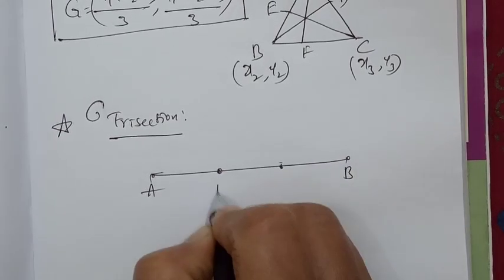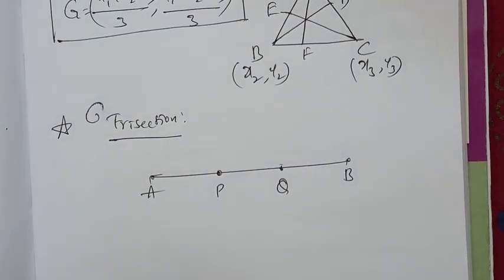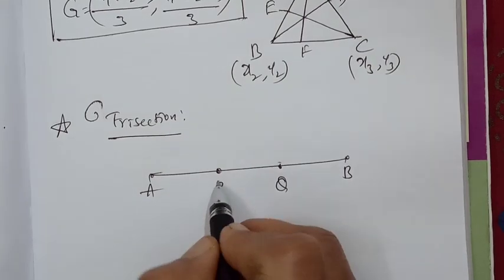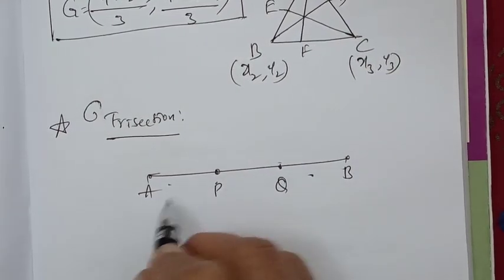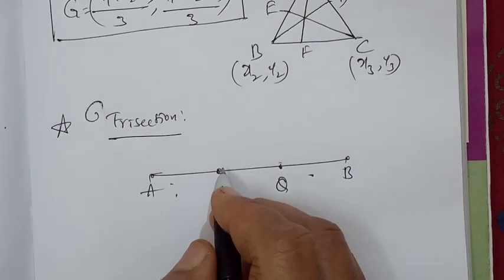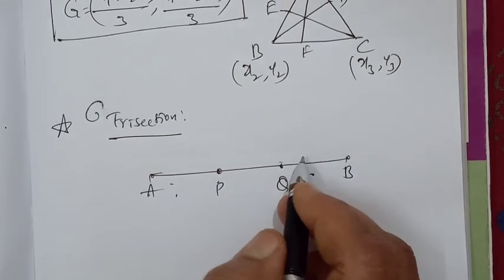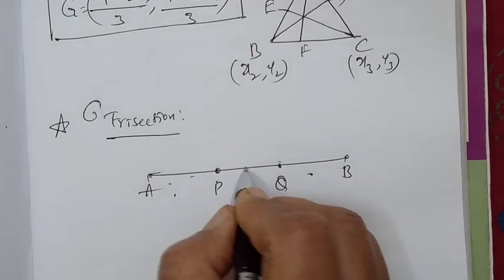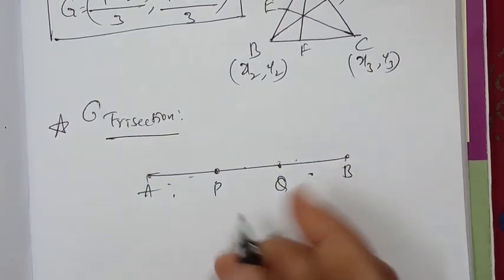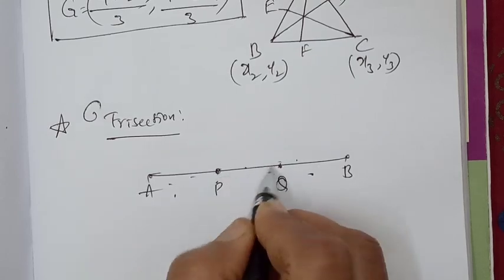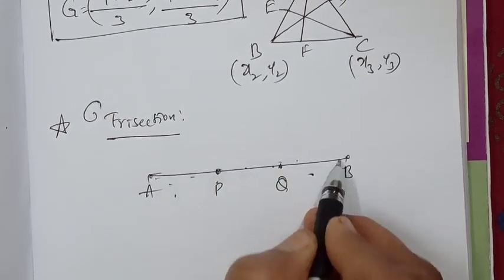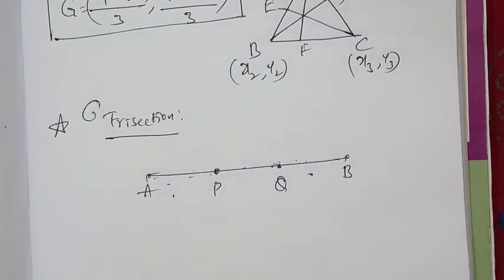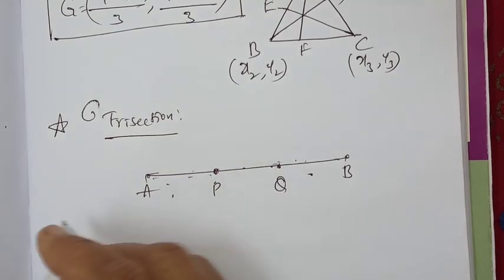There are 2 points P and Q. The points P and Q on a line segment AB are said to be the points of trisection if P and Q divide it into three equal parts. Once again, the points which divide AB into three equal parts are known as trisection points.